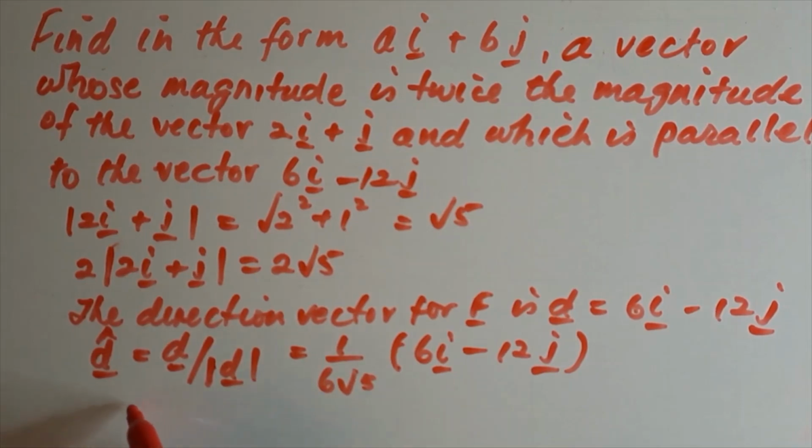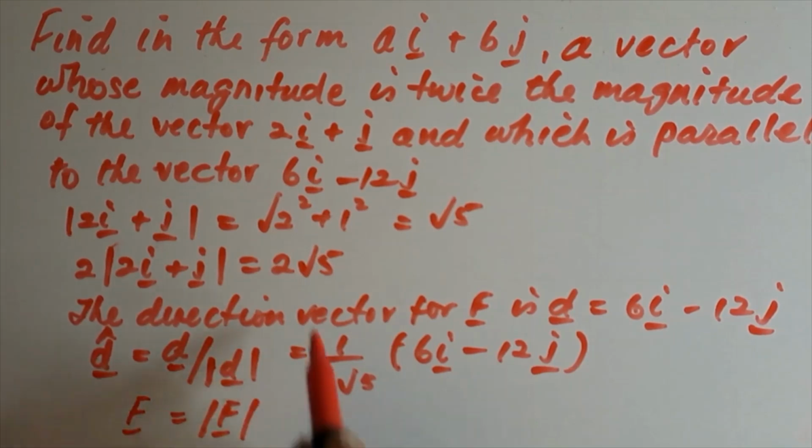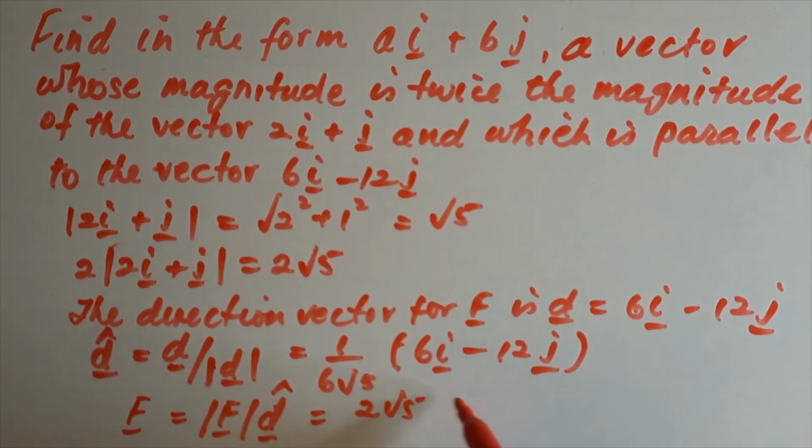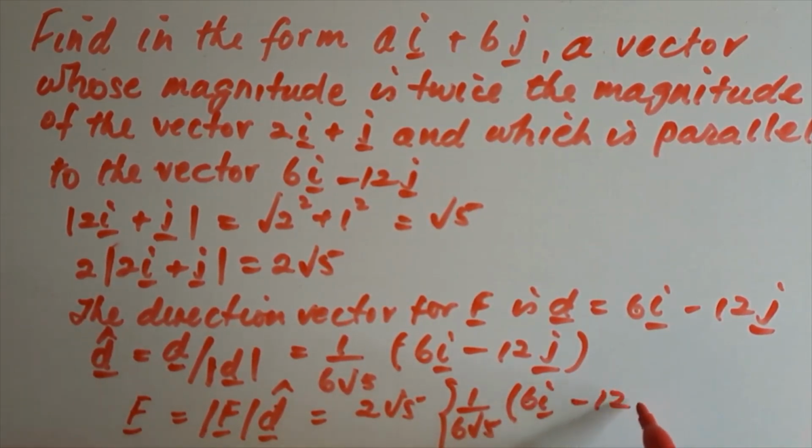But we know that f is equal to the magnitude of f, which we found as 2 root 5, times d hat. And this is equal to 2 root 5 brackets 1 over 6 root 5 brackets 6i minus 12j.